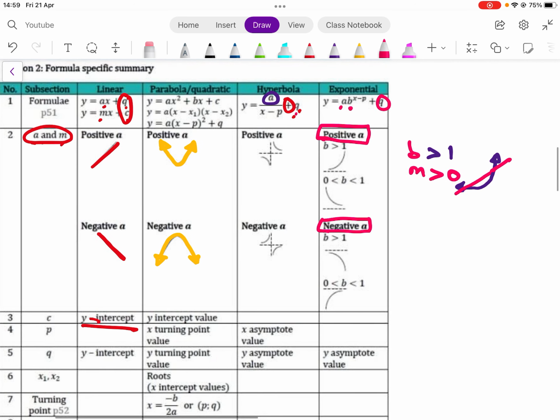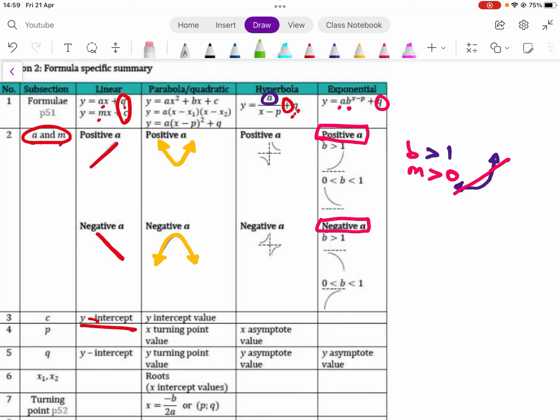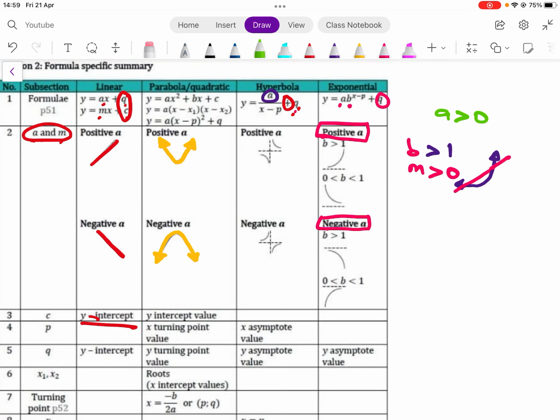So this is basically the situation for A being greater than 0. When A is greater than 0, I'll treat B as M and 1 as 0, and I will get to know that the shape of a straight line is going to be like this. So now I just draw the shape of my graph that I'm interested in, which is the exponential graph. And then when M is less than 0, I know that the line is going to look like this.